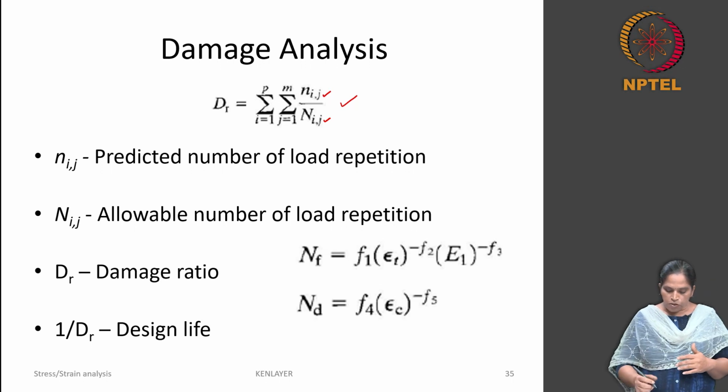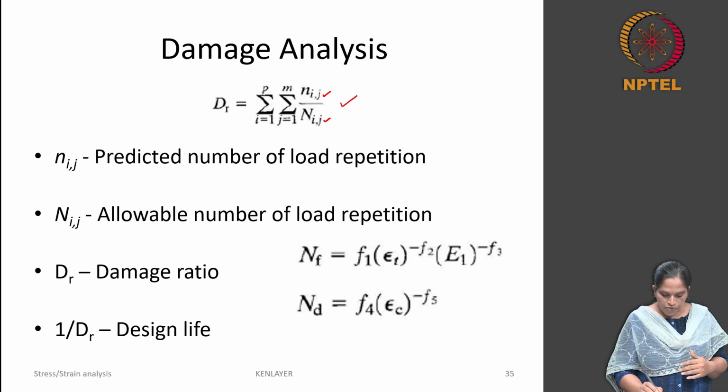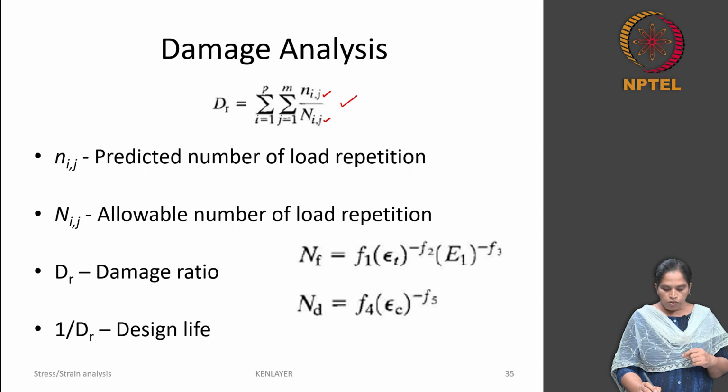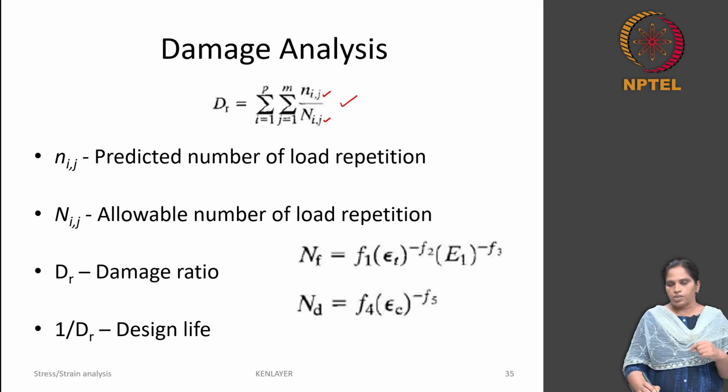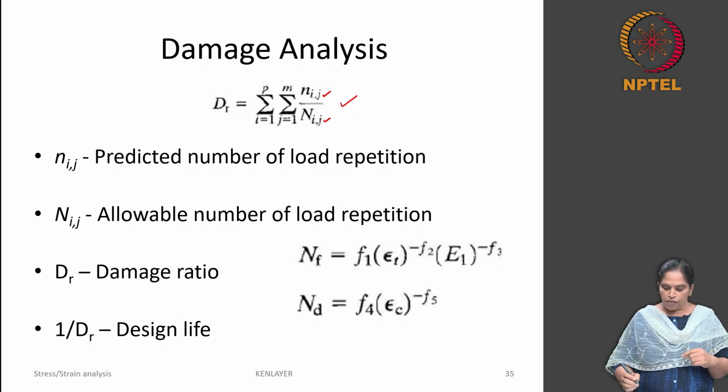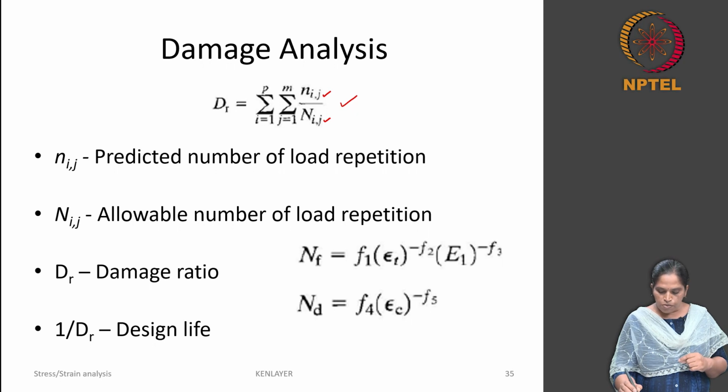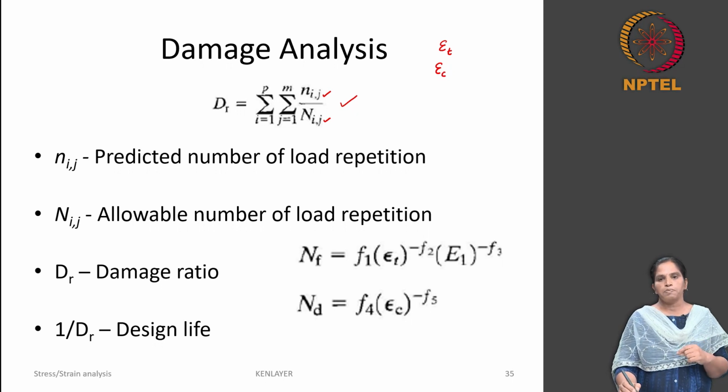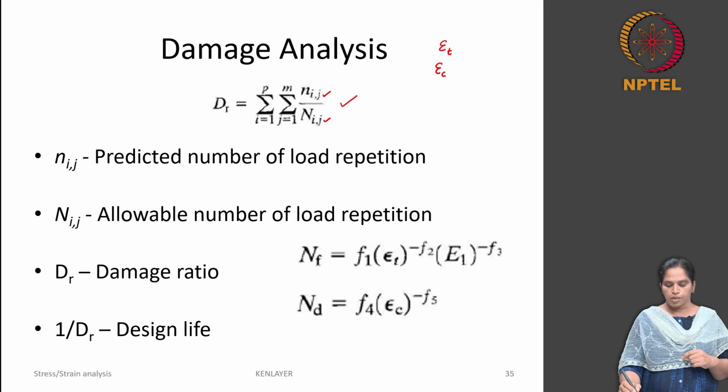Now let us focus on the denominator value Nij. To compute it, we need the critical stresses and strains that cause the specific damage. Fatigue damage is caused by epsilon T, the tensile strain at the bottom of an asphalt layer, and epsilon C, the vertical compressive strain at the top of the subgrade layer, induces rutting in the subgrade layer.